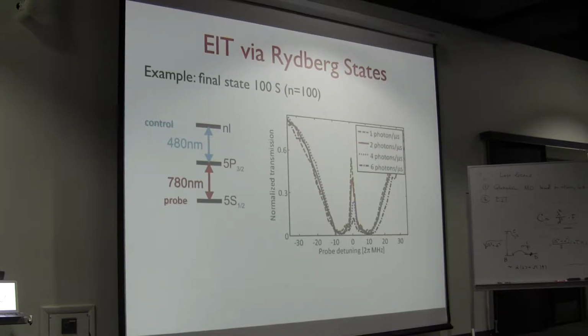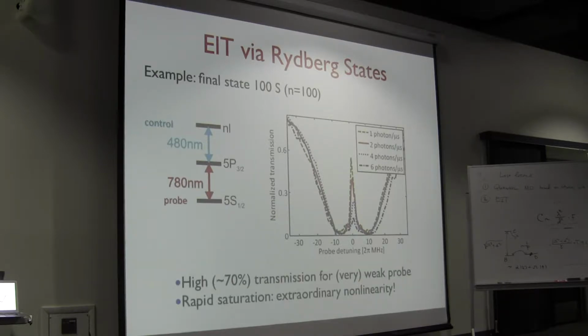I concluded by showing you this view graph where we see very rapid saturation: if the photon flux exceeds just a few photons per microsecond, the nice EIT all of a sudden goes away.